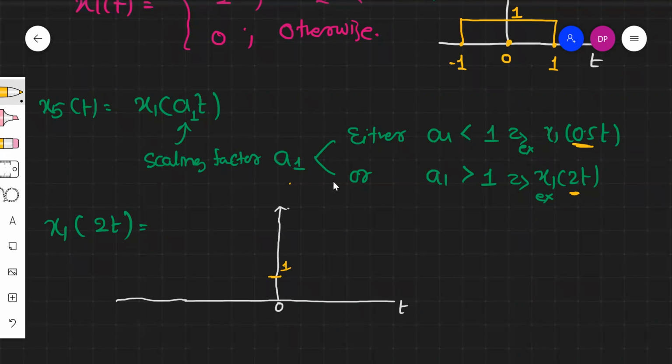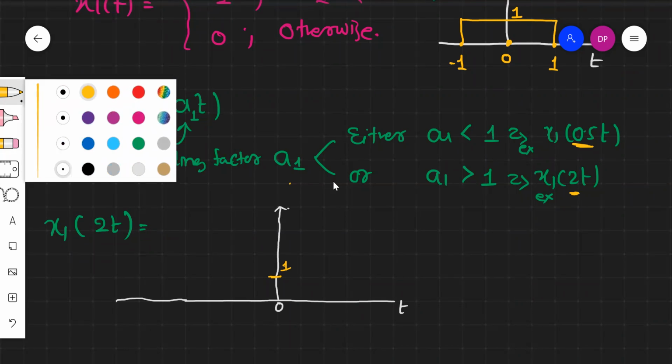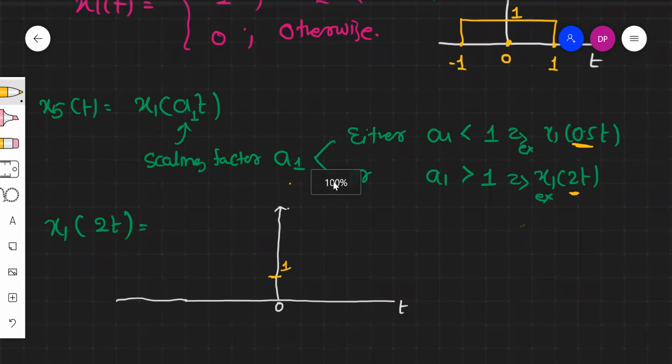So the first expression, if I write it over here, this is x1 of t that was given. This signal had an amplitude of 1 when t lies between -1 to +1, and 0 otherwise.